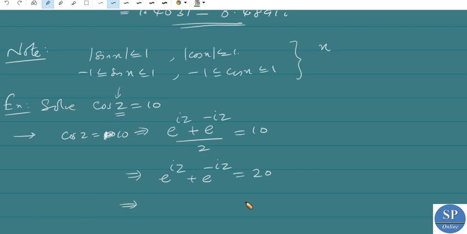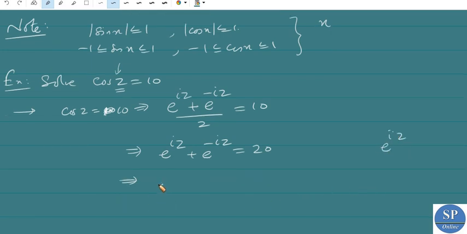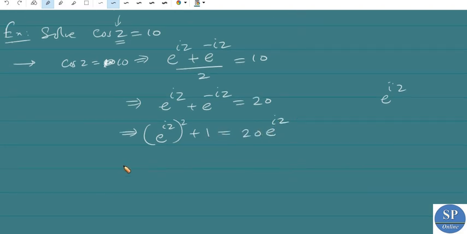So multiplying throughout by e power iz, we get e power iz whole square plus e power iz into e power minus iz, that is 1, equal to 20 into e power iz. So this implies e power iz whole square minus 20 into e power iz plus 1 equal to 0.